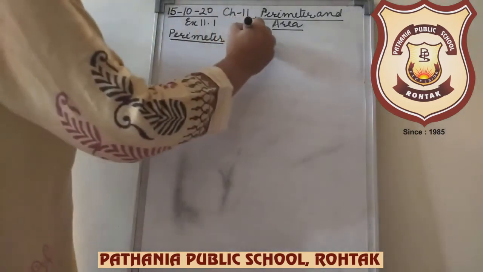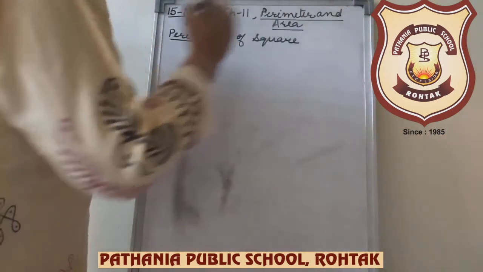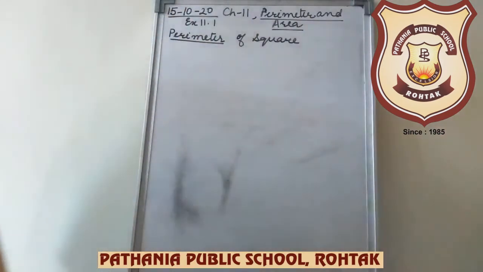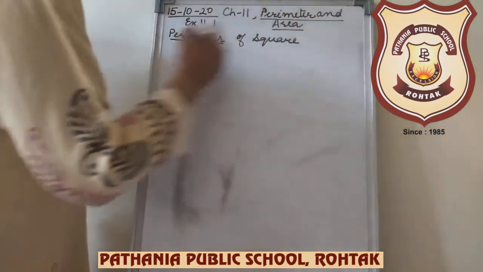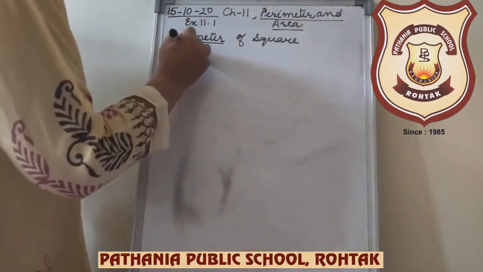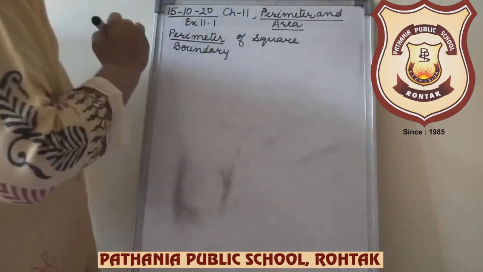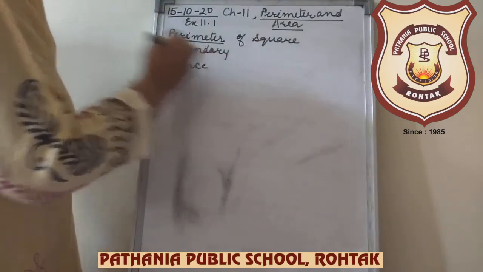of square and perimeter of rectangle. Now, first of all, perimeter means it is a boundary. It can be a fence.